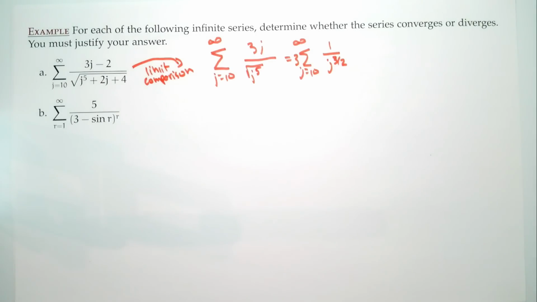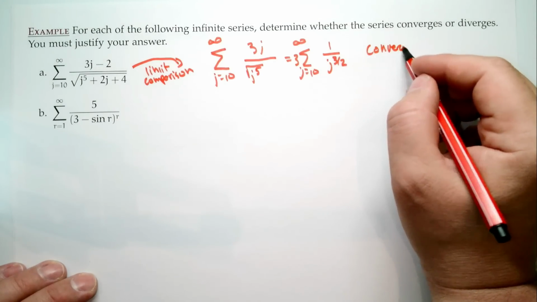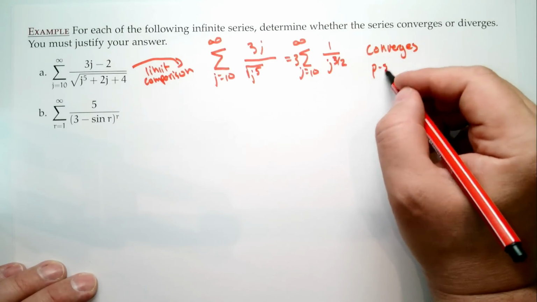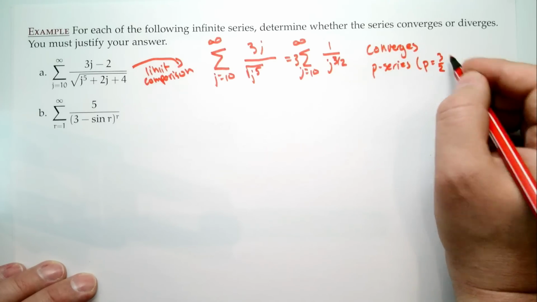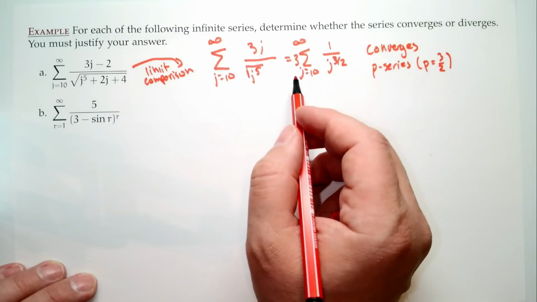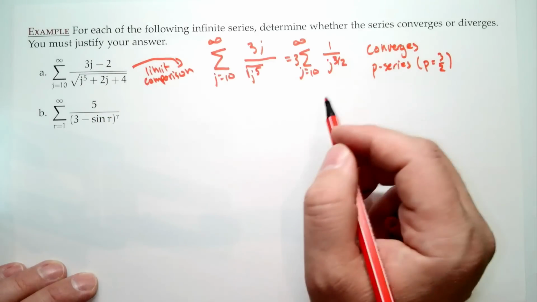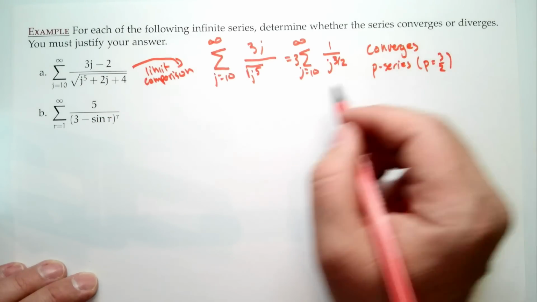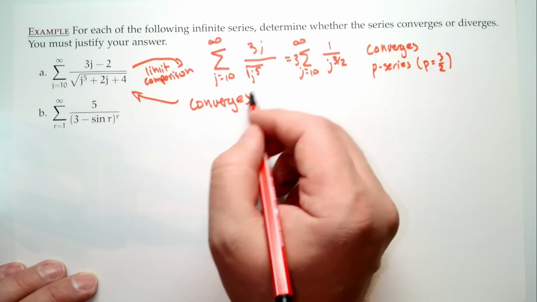Now, is this sum converging or diverging? Converging. Why? Converges, because this is a p-series where p happens to be equal to 3/2. So the sum converges. By limit comparison, they're tied together, and so the answer is this converges. All right.